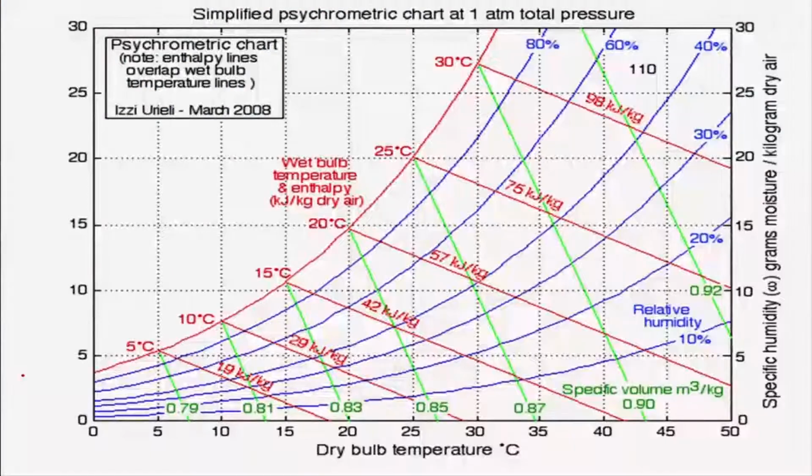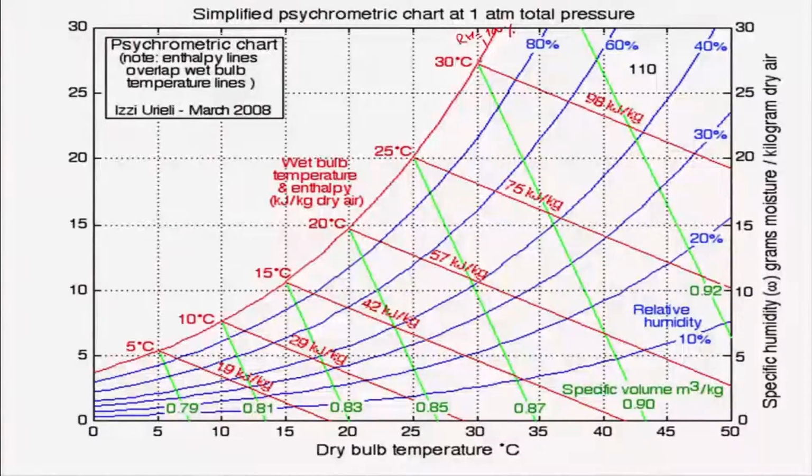It is the same chart, but I am giving a little illustration here. These blue lines are relative humidity, 10%, this is 20%, this is 30%, and it goes on until this ends, which is 100% relative humidity. The green lines are the specific volume, and the red line is the enthalpy line, like 98 kilojoule per kg, 75 kilojoule per kg.